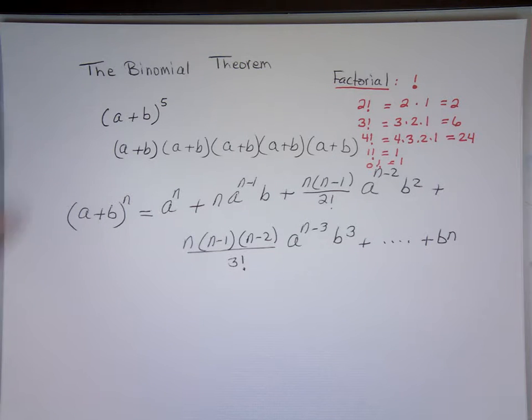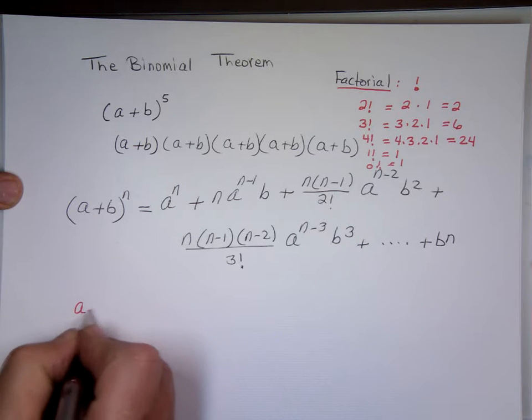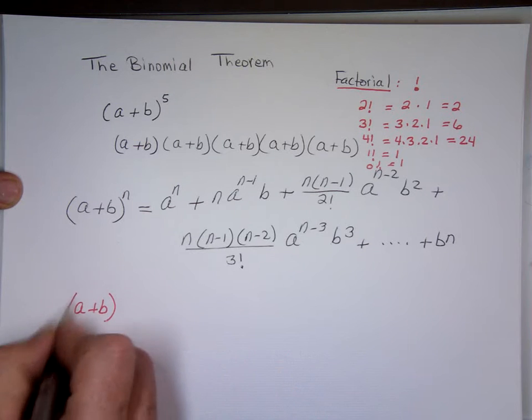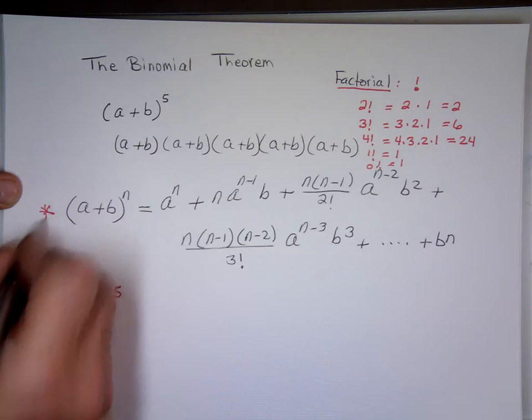Again, I'll never use this method, but I'll do one example with it. To me, that's too much work. So I want to do a plus b to the power of 5. So my n here is what? When you compare it to this one? 5.